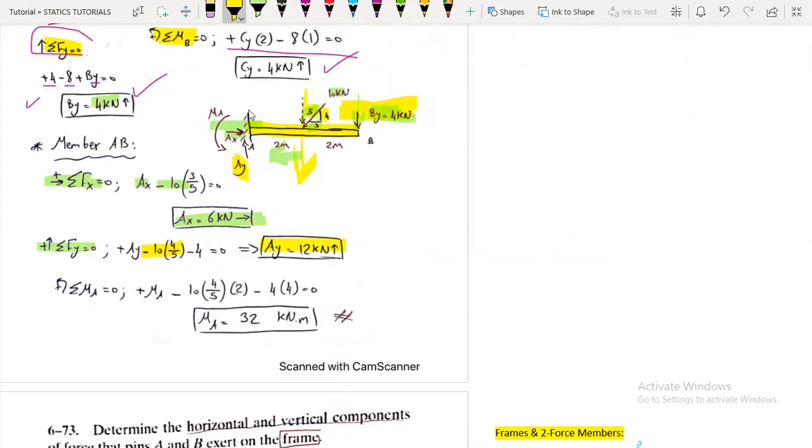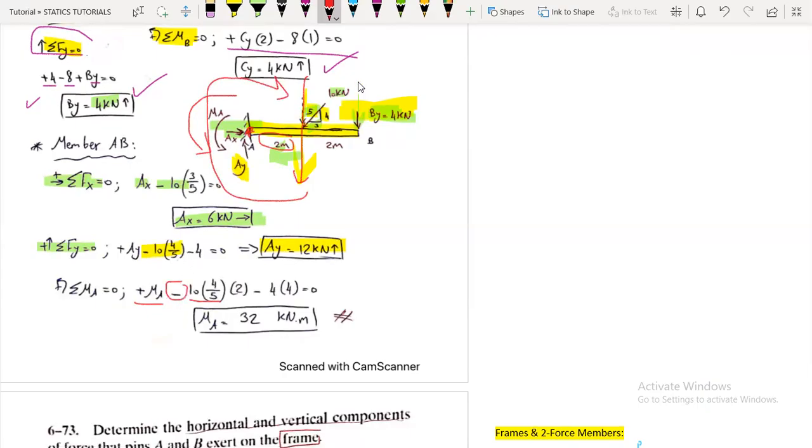Now, taking the summation of moments about point A, because here we will not include Ax and Ay. So MA, I've assumed it to be counterclockwise, so positive, and here the vertical component will be with us. So 10 multiplied by 4 over 5 multiplied by the distance, which is 2 till point A, and it is rotating clockwise, so it is negative value.